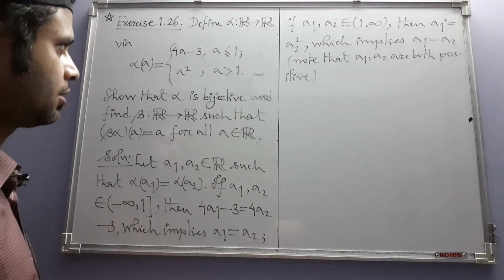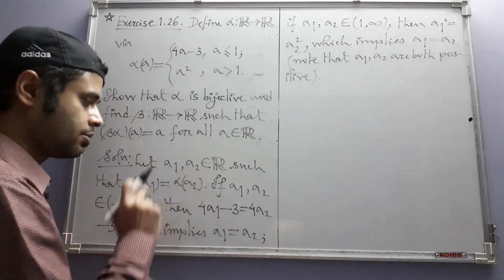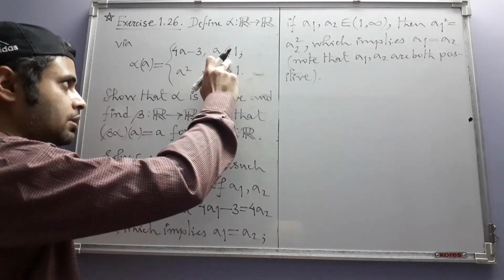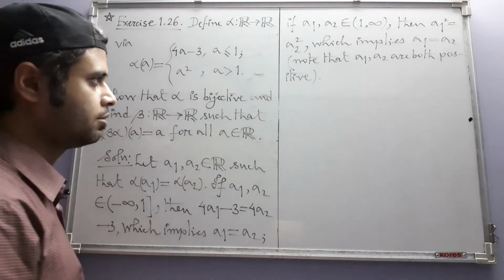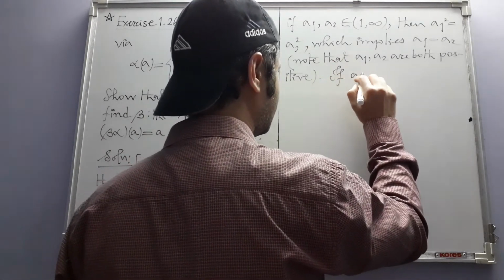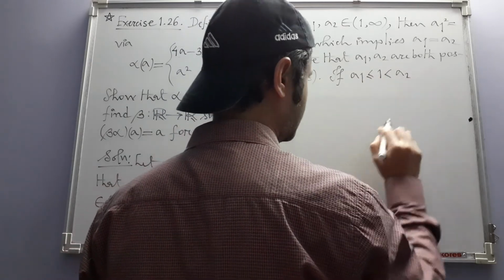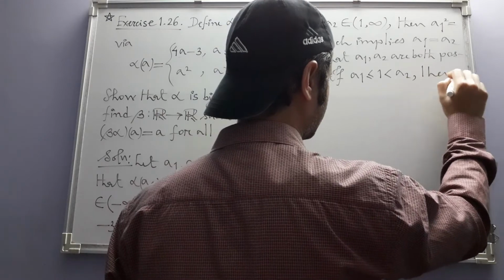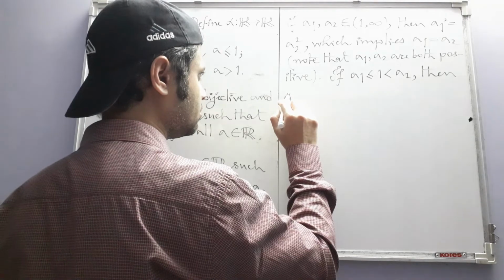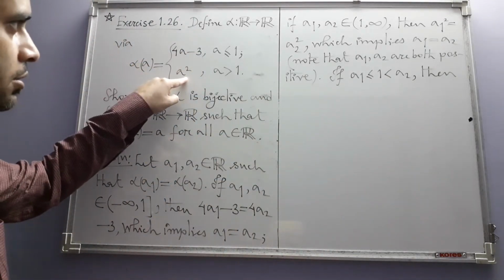There is a third one. Actually, there are two more, but without losing generality, you can assume one of them. Namely, that a1 is less than or equal to 1, but a2 is greater than 1. If a1 is less than or equal to 1 and a2 is greater than 1, then what happens to these expressions?